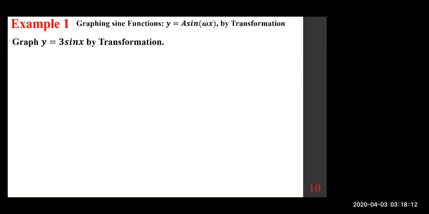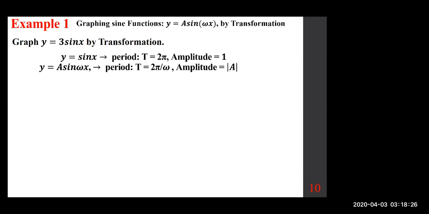Graphing the function y equals A sine omega x, class. A is called the amplitude, which is normally 1, okay? So I want to make sure everybody understands what I'm referring to. When y is sine x, period is 2 pi, amplitude is 1. But if we change it to y equals A sine omega x, what happens?